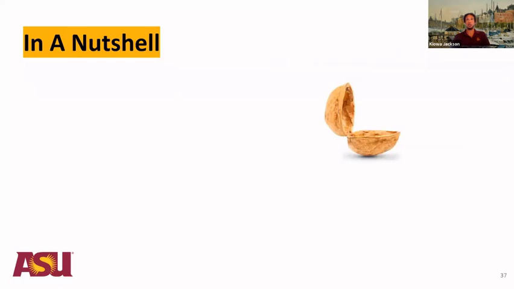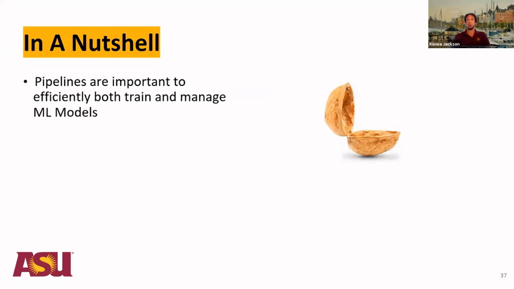So in a nutshell, pipelines are important to efficiently both train and manage ML models. If you're working with machine learning, even if you're more on the training and development side, you'll probably end up finding it helpful to use those in terms of reproducibility and being able to log performance.